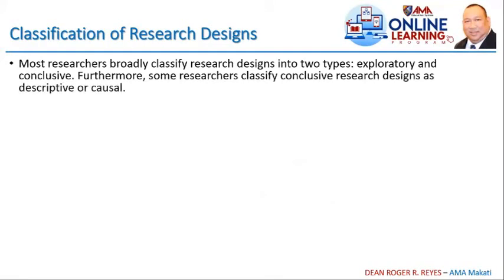Most researchers broadly classify research design into two types, exploratory and conclusive. Furthermore, some researchers classify conclusive research designs as descriptive or causal.